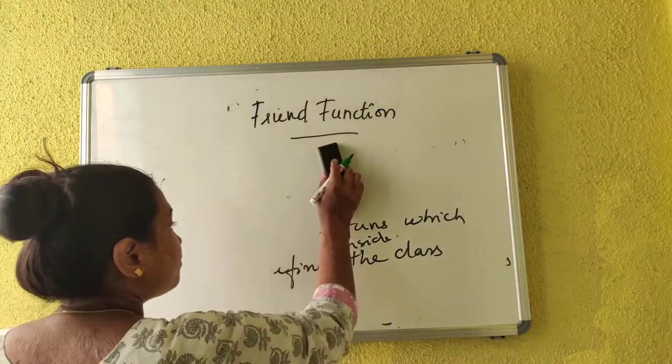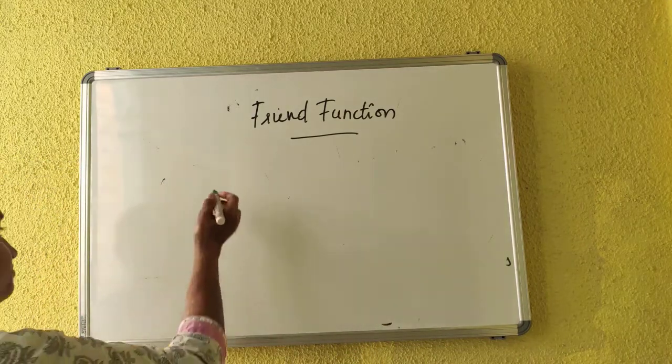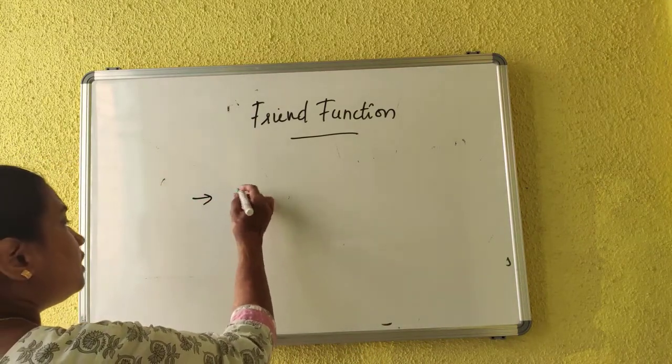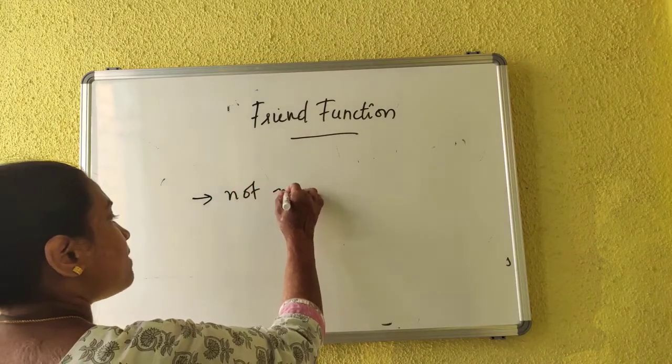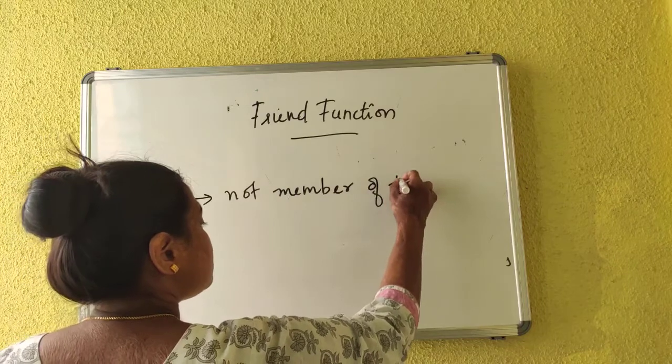Now we are going to talk about friend function. A friend function is not a member of the class. Please note that, not a member of the class.